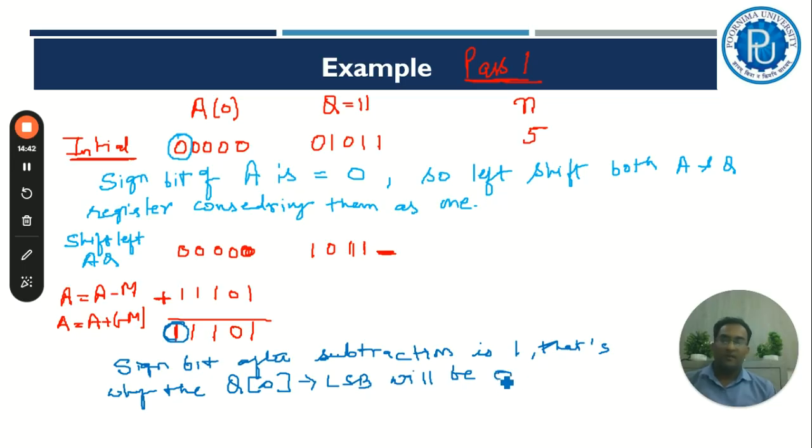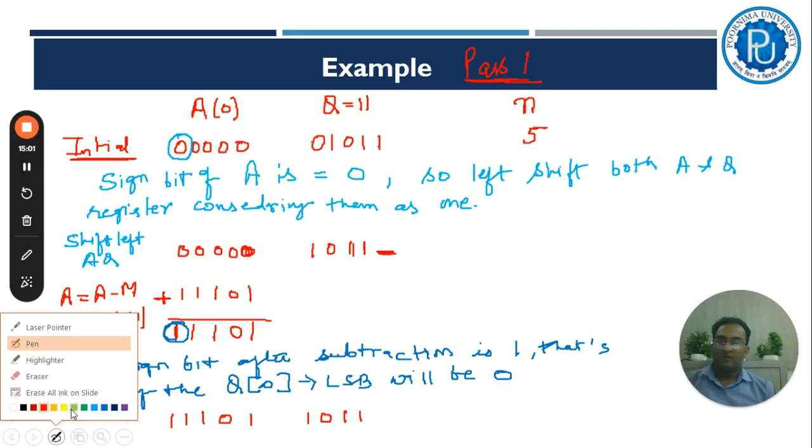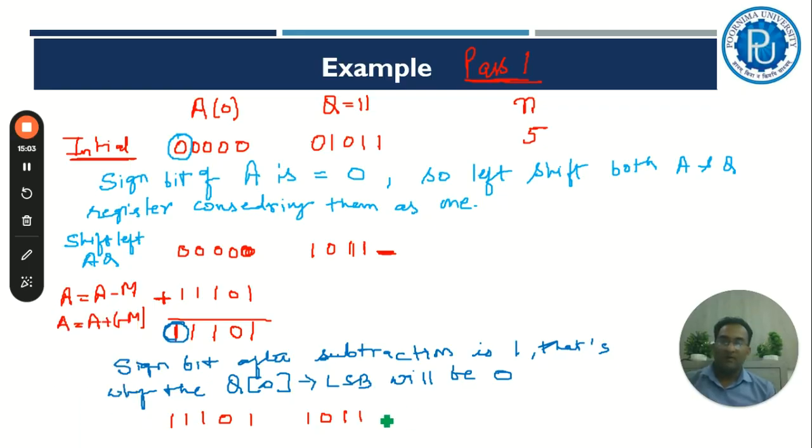So now we are having 1, 1, 1, 0, 1 in the accumulator, and the value of Q register will become 1, 0, 1, 1, 0. Okay, this is what I performed in pass 1.